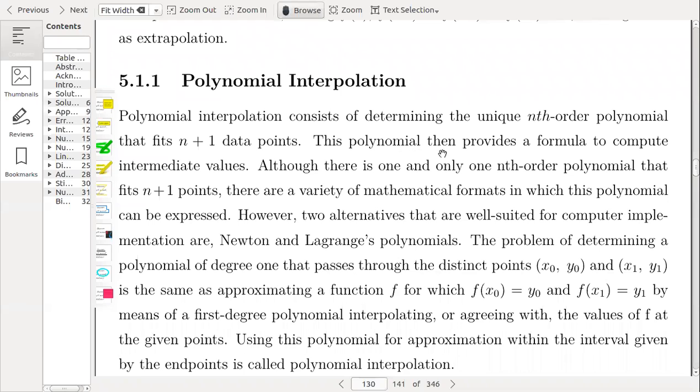This polynomial then provides a formula to compute intermediate values. Although there is one and only one nth order polynomial that fits n plus 1 points, there are a variety of mathematical formats in which this polynomial can be expressed. Our two alternatives that are well suited for computer implementation are Newton and Lagrange's polynomial.